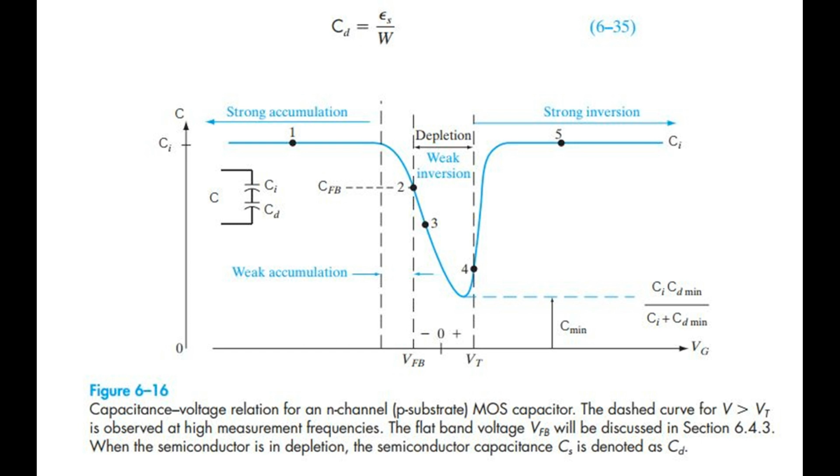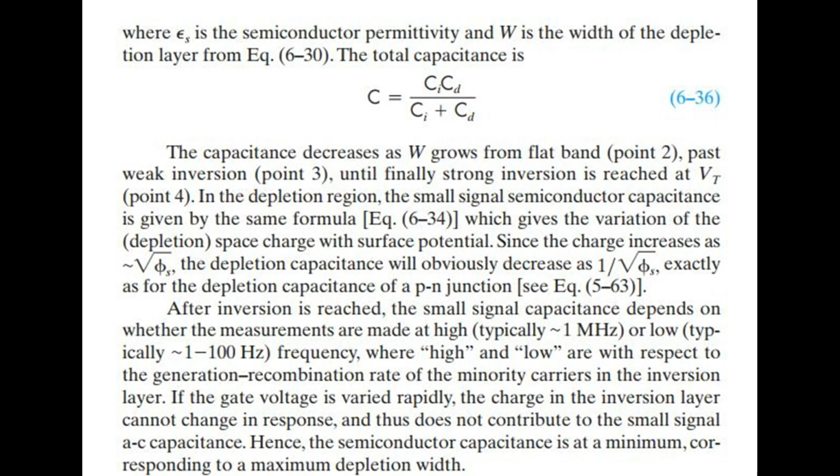When the semiconductor is in depletion, the semiconductor capacitance Cs is denoted as Cd, equal to εs/W, where εs is the semiconductor permittivity and W is the width of the depletion layer from EQ 630. The total capacitance decreases as W grows from flat band, point 2, past weak inversion, point 3, until finally strong inversion is reached at Vt, point 4.